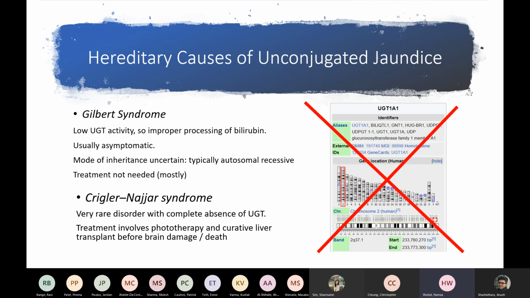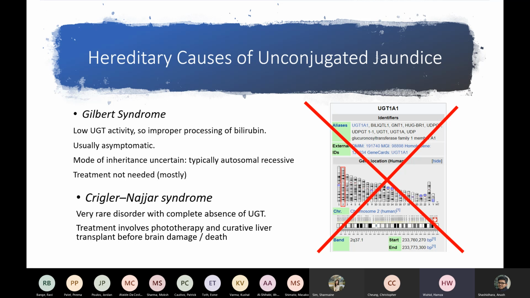And especially in times of stress or other things, the liver won't be able to cope with the load, and you'll have an excess amount of bilirubin in the blood, which can cause some minor jaundice if you have a slightly low level of UGT.